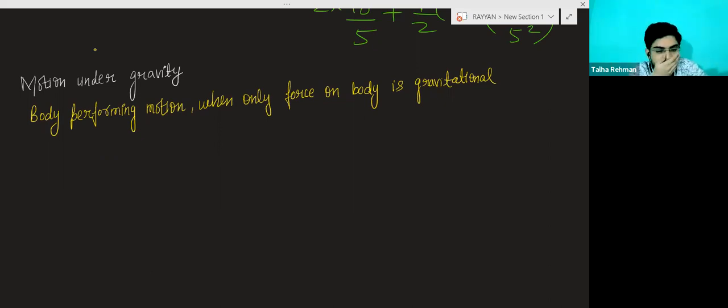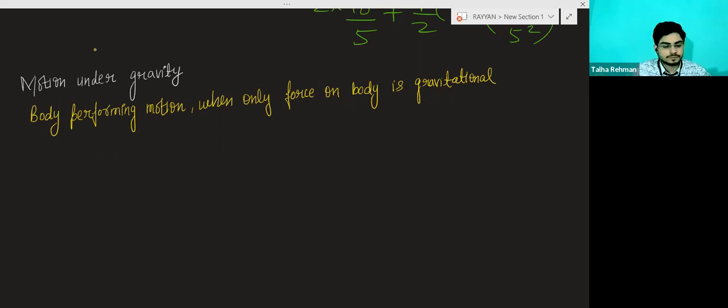If the body is going in the upward direction, this is also the motion under gravity. And if the body is coming downward, this is also the motion under gravity. So in motion under gravity, either the body will move up or the body will move down.